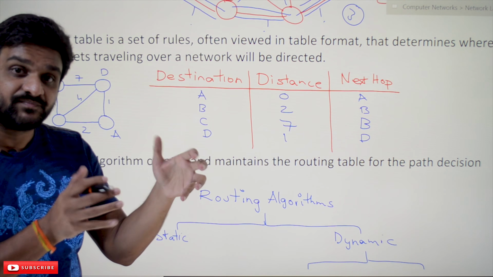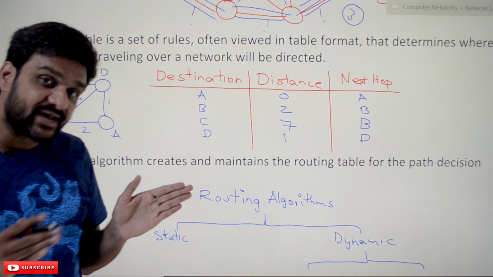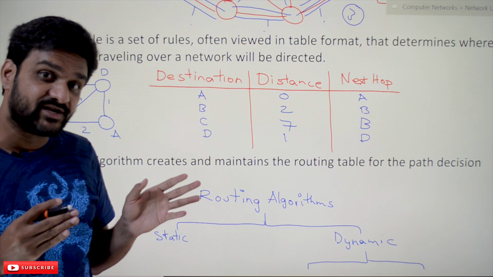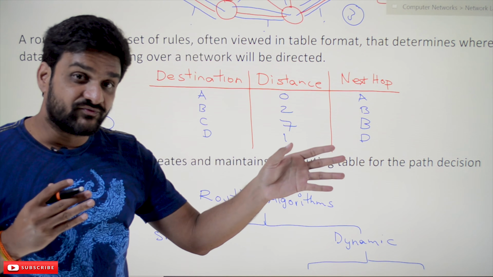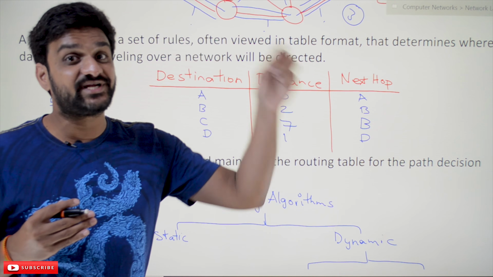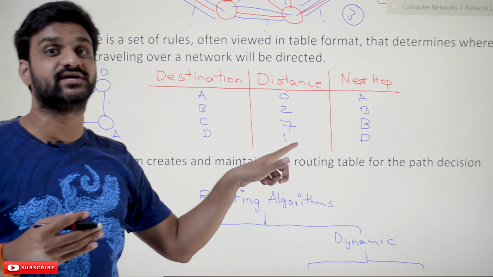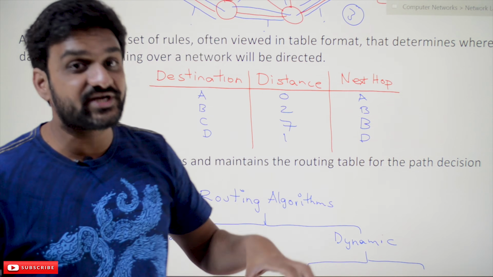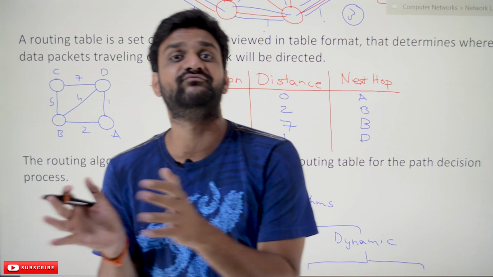Using the table, we can direct the data packet being transmitted into the network. Where that packet has to be transmitted is decided by using the routing table, and these routing tables are there on each and every router.